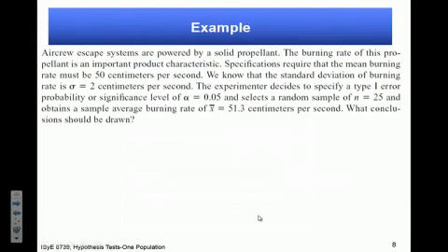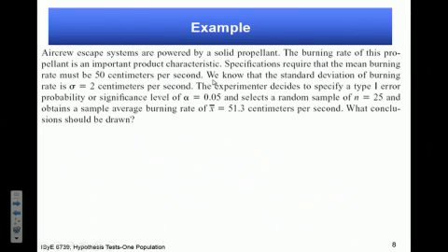Okay. One example. Be faster. So we have calculated the burning rate, I think. Yes, the burning rate of, using basically 50. The specification requires that the mean burning rate must be 50 centimeters per second. So basically this is the target.